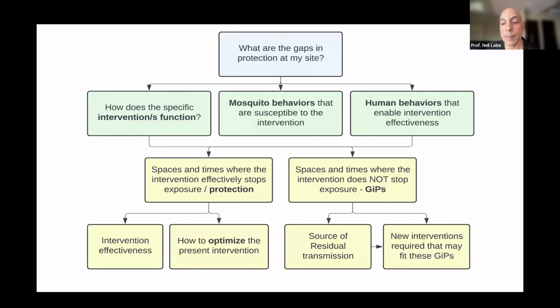It's important to understand our limitations, what we can do and what we cannot do. So if we understand the gaps in protection, we not only understand how our interventions function, we also understand how to optimize them. We understand where the continued transmission is coming from, and we understand what we can or cannot do about it. That's pretty important to me.